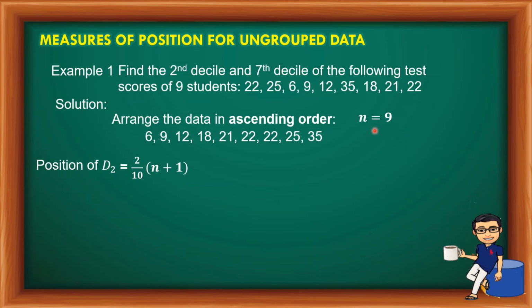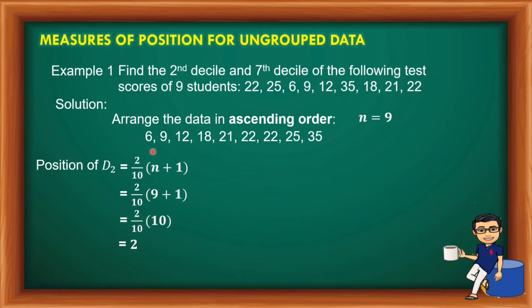Substitute natin yung n, which is 9. So 2 over 10, pinalitan yung n ng 9. So we have 9 plus 1, kaya magiging 10. So 2 over 10 times 10. 10 times 2 is 20, divide by 10 is 2. So the position of decile 2 is at the second data.